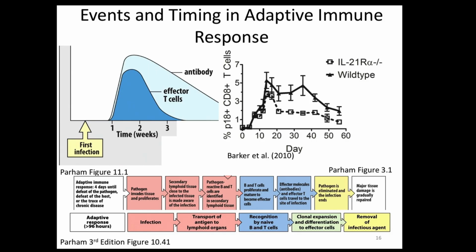And so you can kind of see this curve, and you can see, when I made this curve as well, where we inject or we see the antigen for the first time, we have a little bit of a lag, and then we finally generate this really nice adaptive immune response a bit of time later. But we haven't really talked about what the rest of this process looks like.